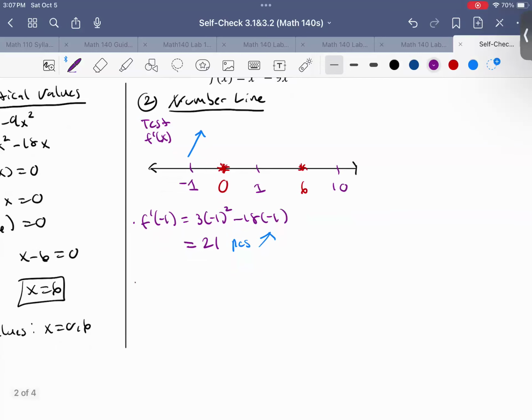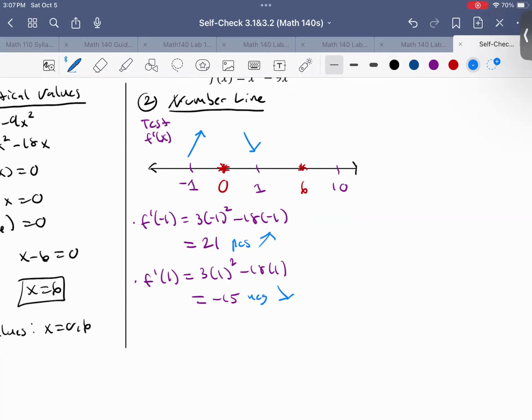All right, next one is plugging in 1. So I'm going to have 3 times 1 squared minus 18 times 1. This is going to be a negative 15. So this is negative, and this is decreasing. So a positive 1, we're going to have a decrease.